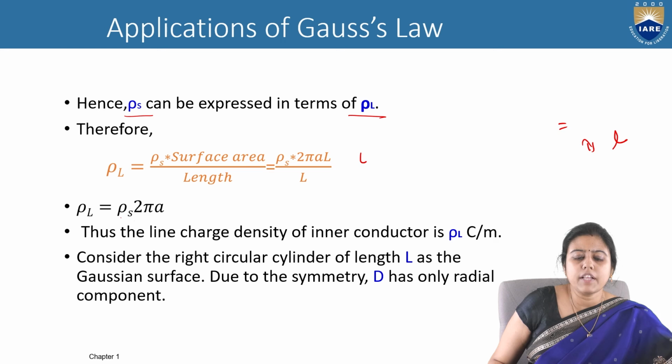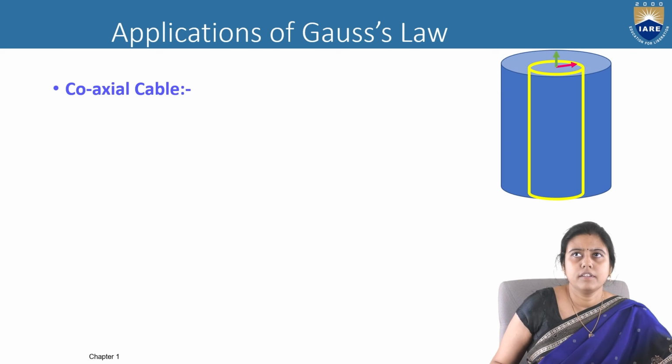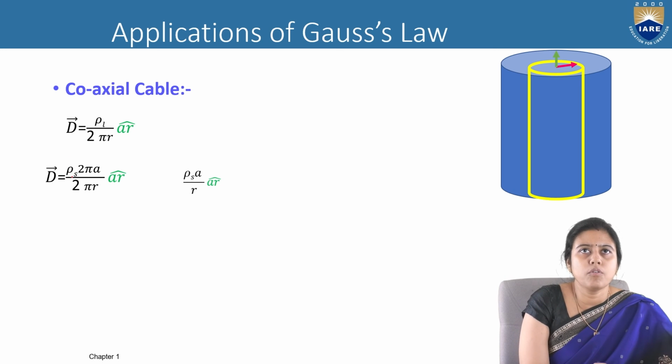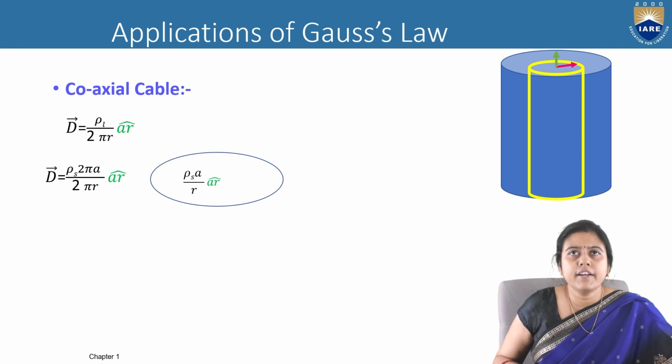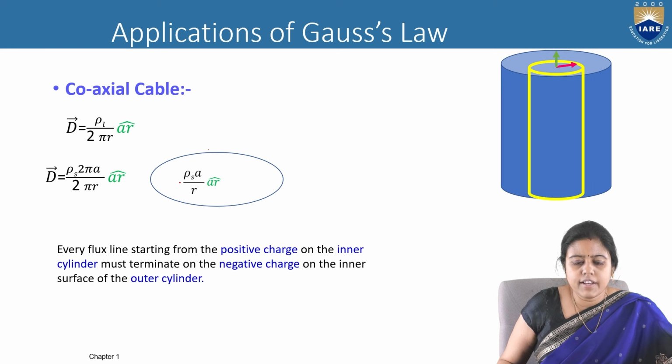So if we put the value now for the coaxial cable, we have a and b. We got D is equal to ρ_L by 2πρ. In place of ρ_L, we are putting ρ_s into 2πa. So we will get D is equal to ρ_s a by ρ for the coaxial cable.